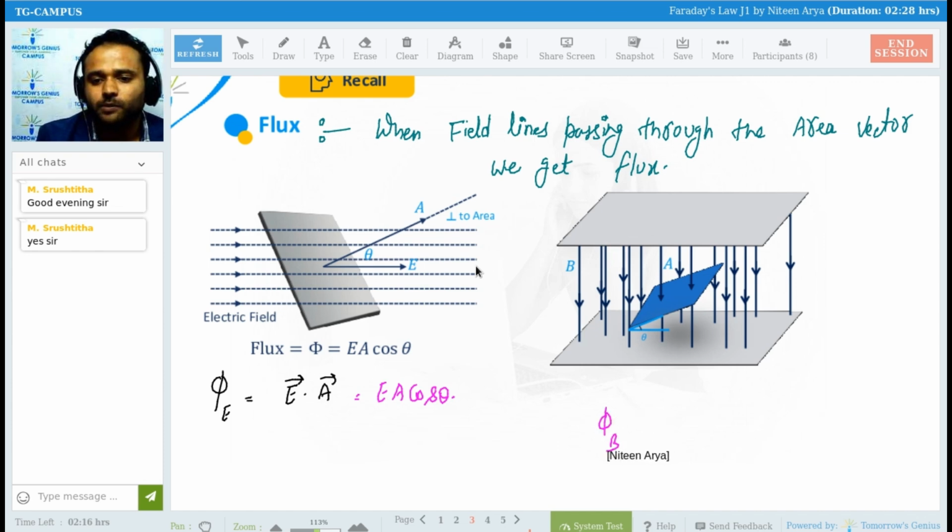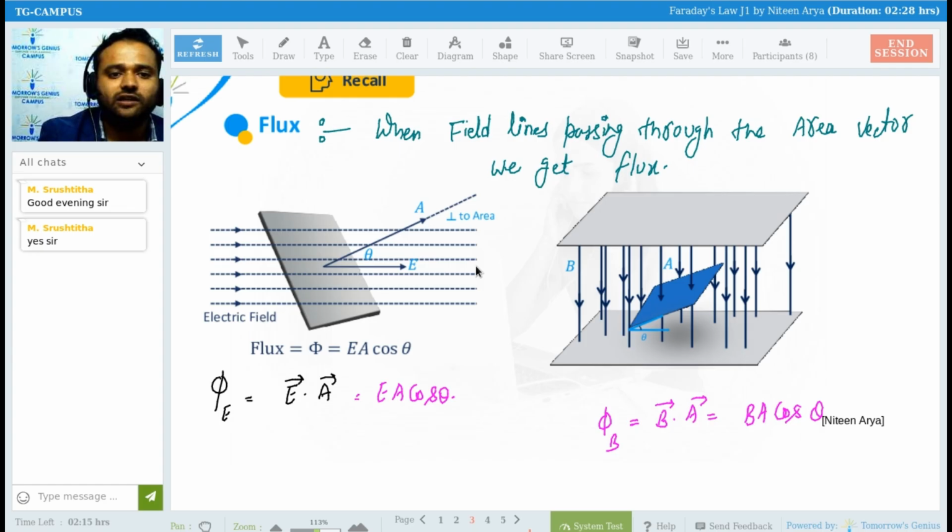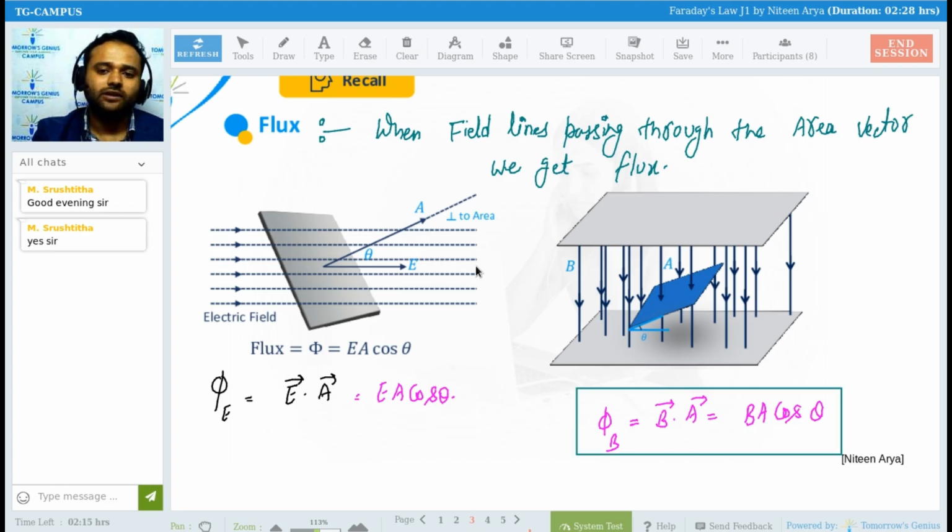So the same thing: phi B, magnetic field B dot A, that is BA cos theta. Nothing is changed, because flux is in general a property of field lines passing through an area.